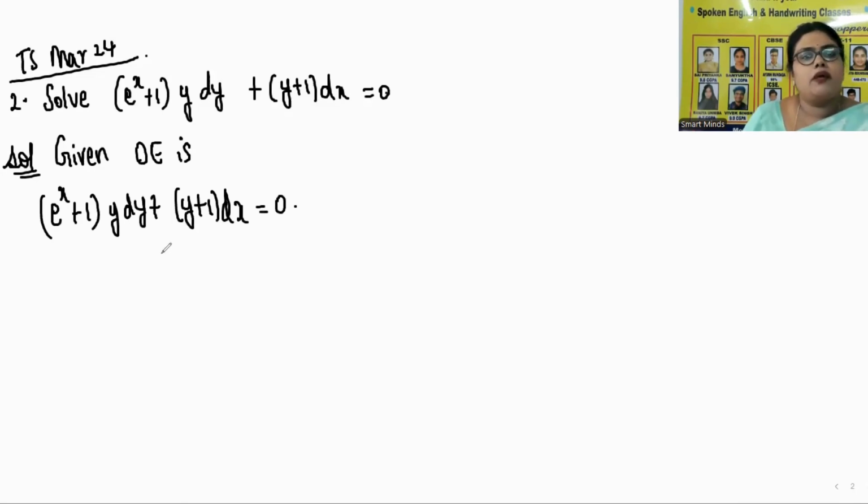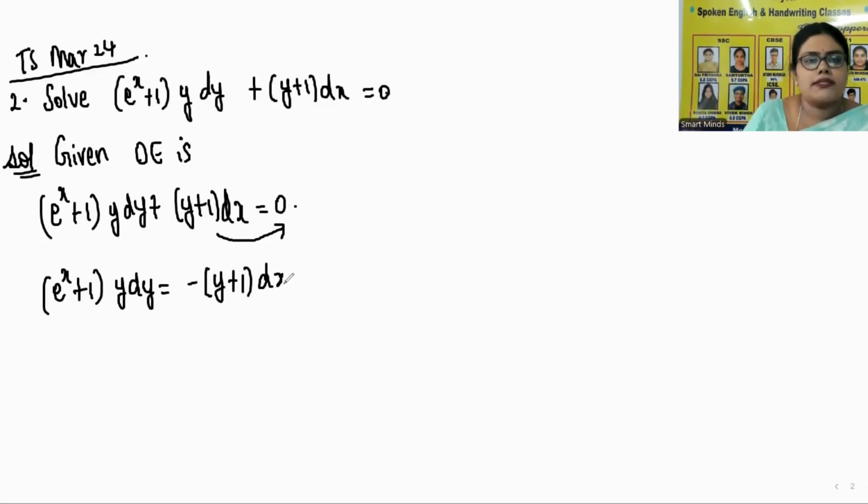First we will write the given differential equation. Now from here directly separating is not possible, so we will take one term to the right hand side. So e power x plus 1 into y dy is equal to minus of y plus 1 dx.